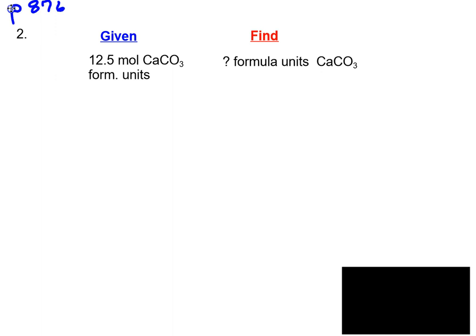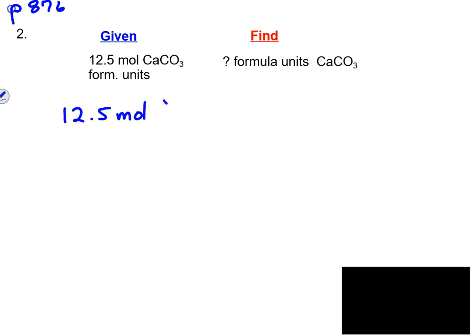Okay, so this is number 2, and here we are starting with moles of calcium carbonate. So let's check it out. What does the first fraction have to be when we do this calculation? Given over 1. 12.5 moles of calcium carbonate over 1. They always start the same, don't they?